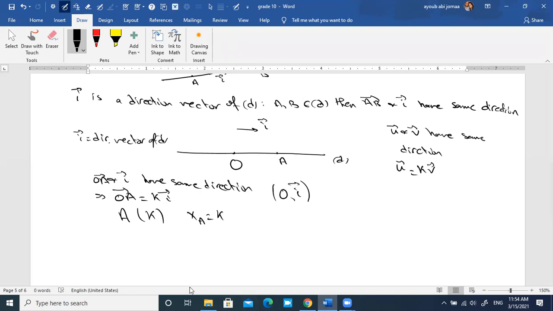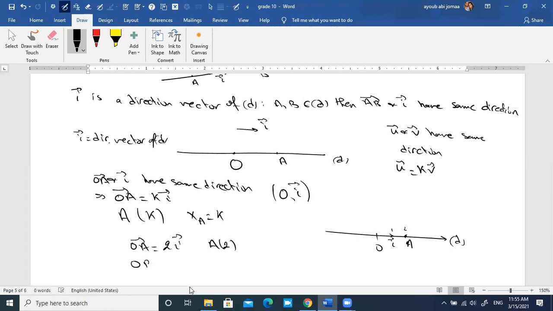And for example, you have the line D, and when I say OA is equal to 2I, where this is vector I, that means that the abscissa of A is 2. So here you put 1, 2, here is point A, as you already do when labeling the coordinate system.